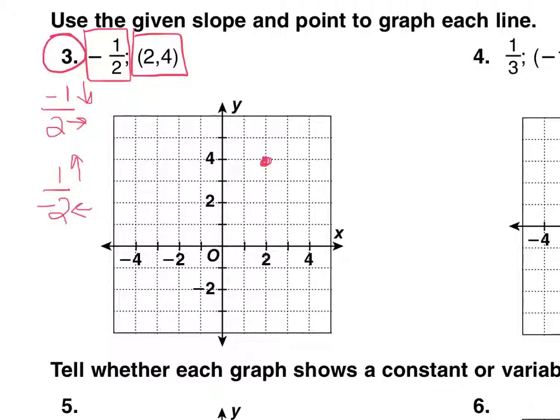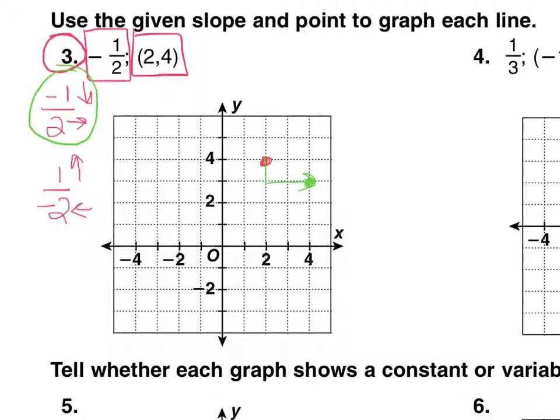So here we go. We're going to start at the point (2, 4), and let's use the slope with the -1 in the numerator. So if I start at the point (2, 4) and I go down 1 and to the right 2, alright, so I've ended up here at this point. That's the point (4, 3). So that means the point (4, 3) would be on my line.